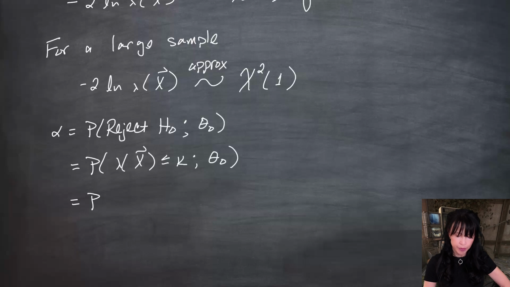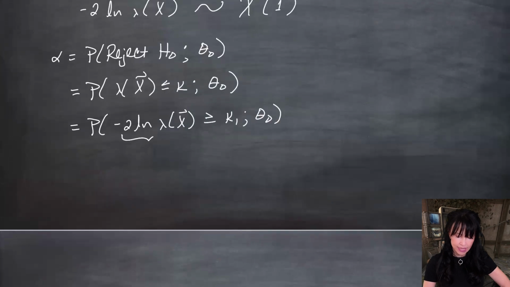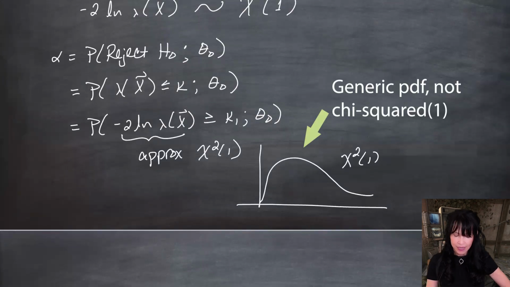This is the probability that -2 log lambda is greater than or equal to k1 when the null hypothesis is true. And this is approximately a chi-squared 1 random variable. If I look at the chi-squared 1 PDF, then I want a number that we are above with probability alpha. And that number is going to be our chi-squared alpha comma 1 critical value.